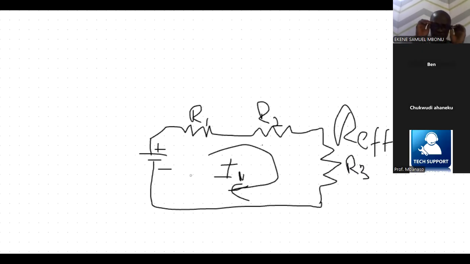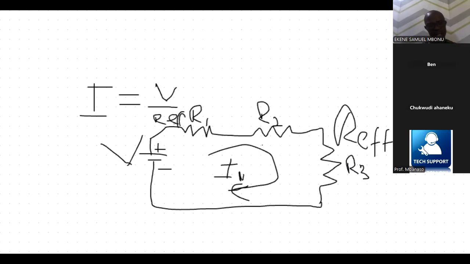And then when we want to find the current, if this is V, we simply do I is equal to V over R effective.